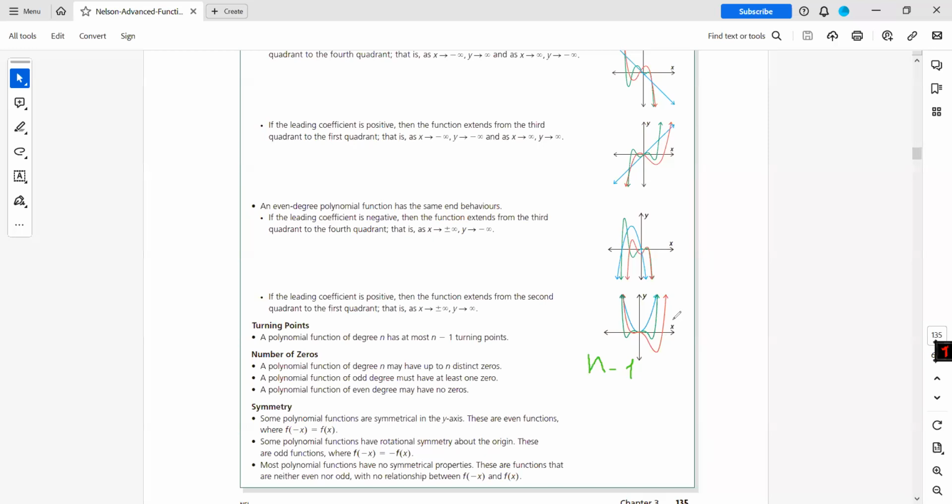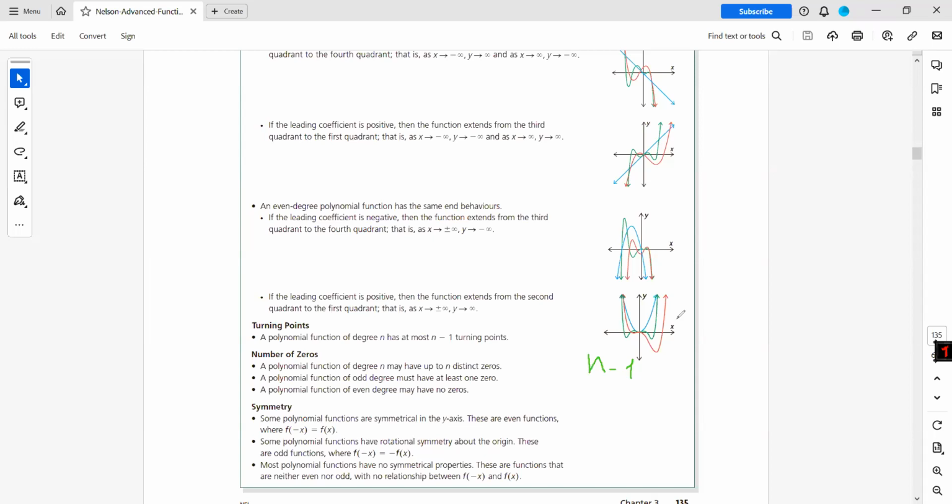And finally, the symmetry. Some polynomial functions are symmetrical about the y-axis. These are even functions, where f of minus x equals f of x. Basically what it says is, if you substitute the same value of x but with a minus into your function, and your function still has the same value, it means you have y-axis symmetry.